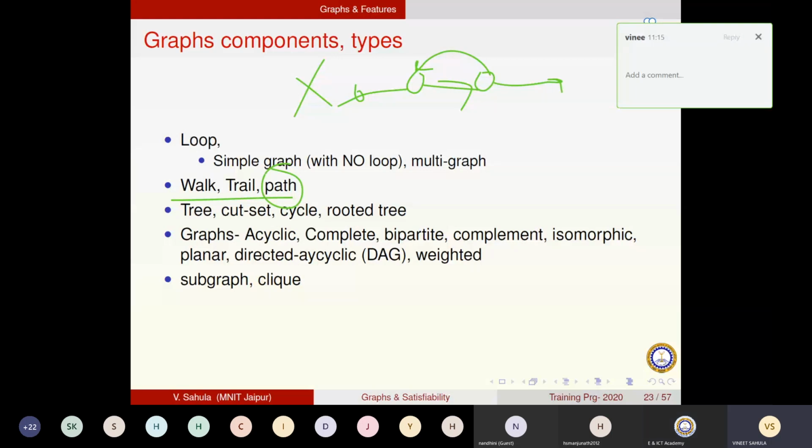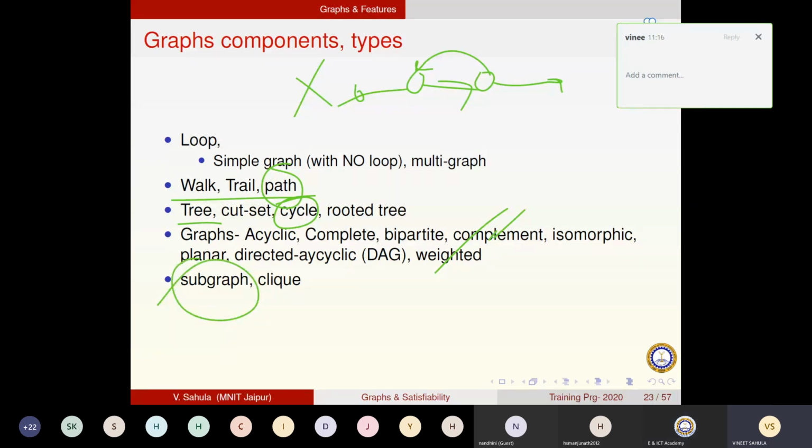Is it okay? A tree is a subset of edges such that all vertices are connected. A cycle is a subset of vertices and edges such that we start from the same vertex and end at the same vertex. You can look at the graph books for this. A subgraph is a small part of a graph.